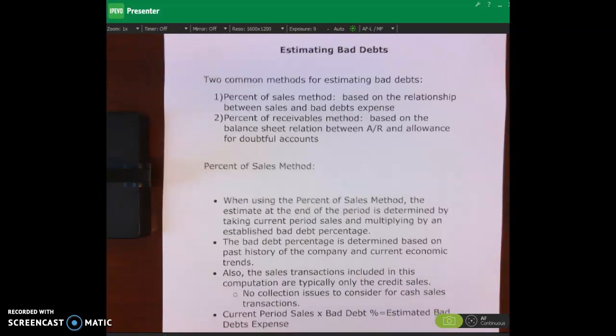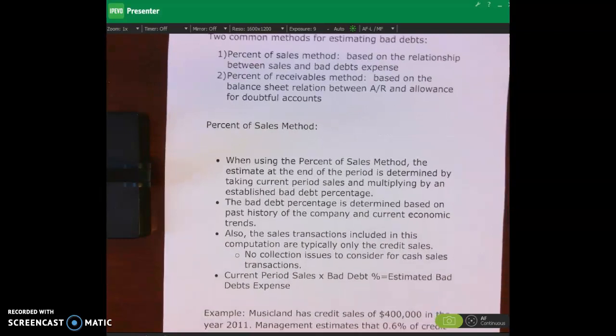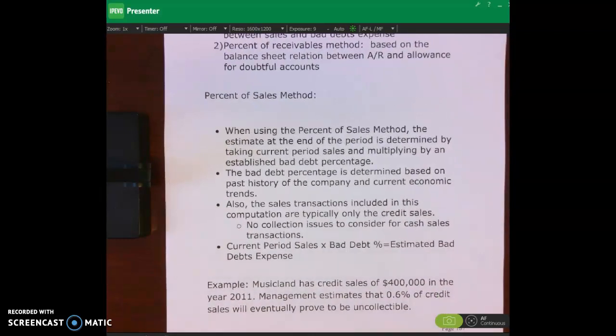So let's talk about the percent of sales method, the first method, in a little bit more detail. And basically all we do is we take our current period sales times our bad debt percentage. So this is the estimate. We say, well, in the past we've not collected 1% of our sales, and we should really base this off our credit sales.